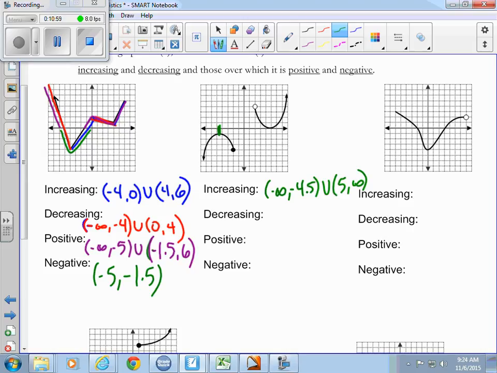So that green line where it stops increasing, and then it increases again. Decreasing from -4.5 to -2, and then from 2 to 5.